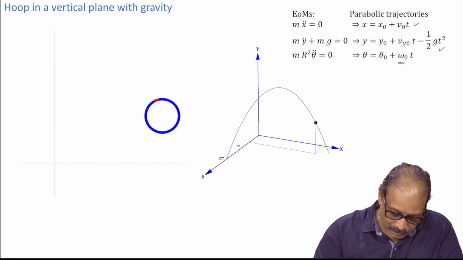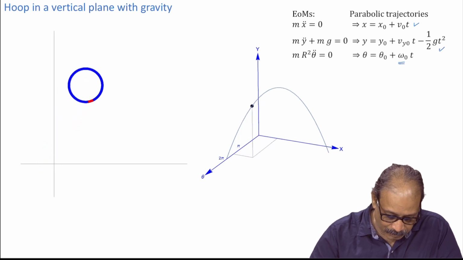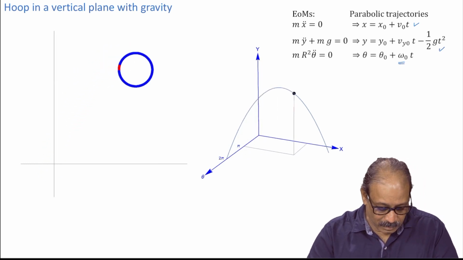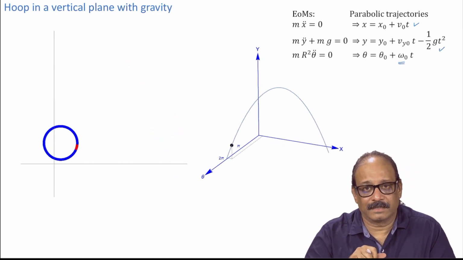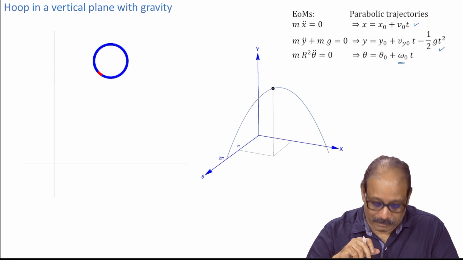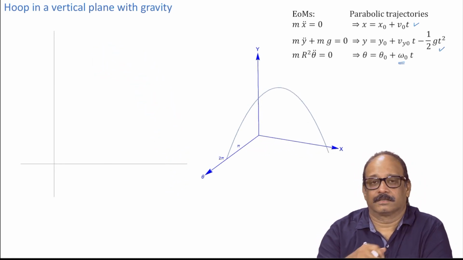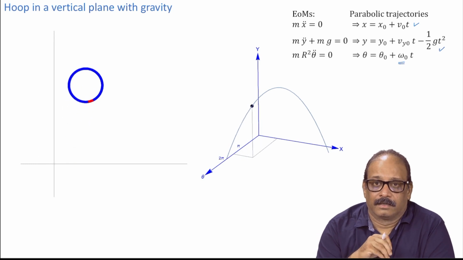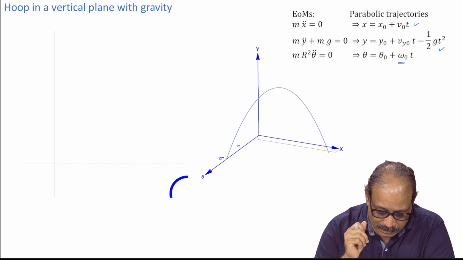So, you can see the motion which is shown here, the black dot as it moves, the hoop moves, and you can see that the hoop is actually spinning about its axis. And there is no restriction here. Okay. So, this was a simple case, a simple Lagrangian with one gravity force, and we already knew the answers.